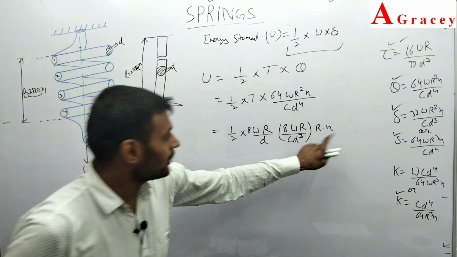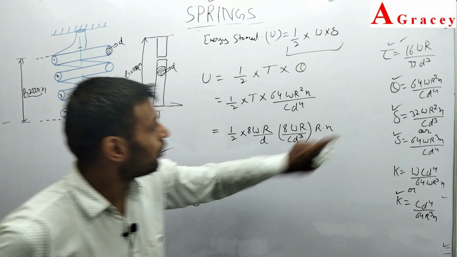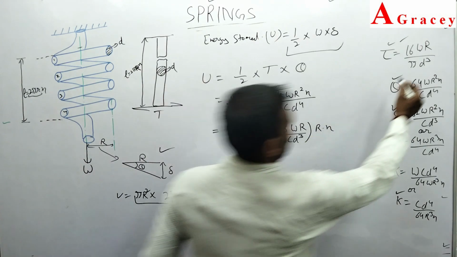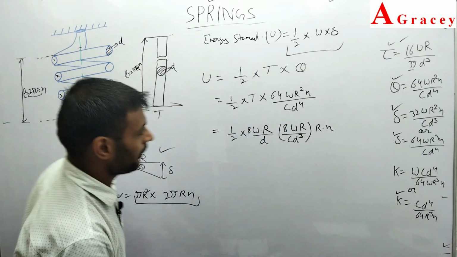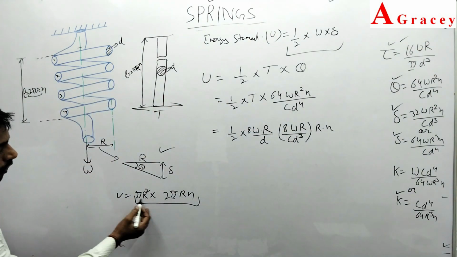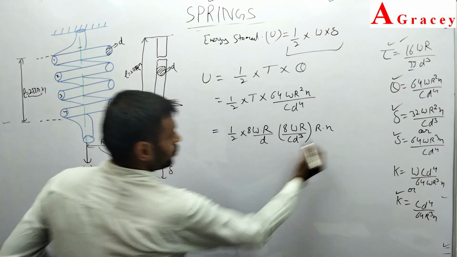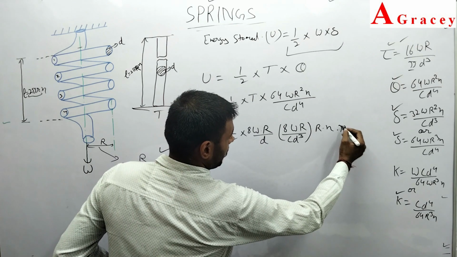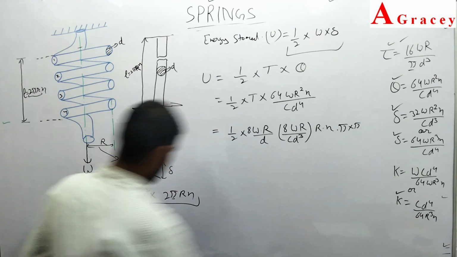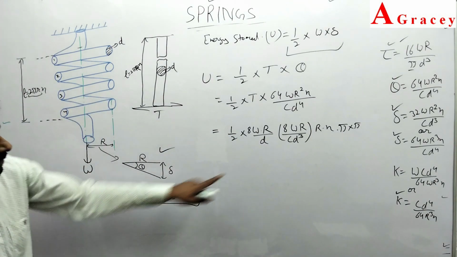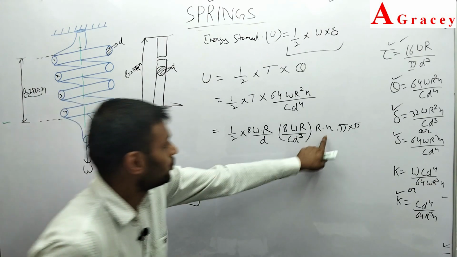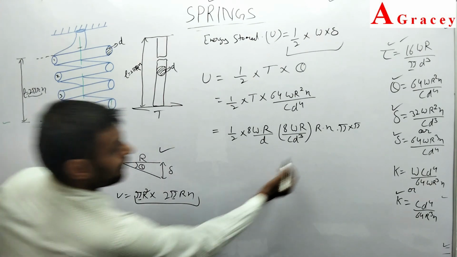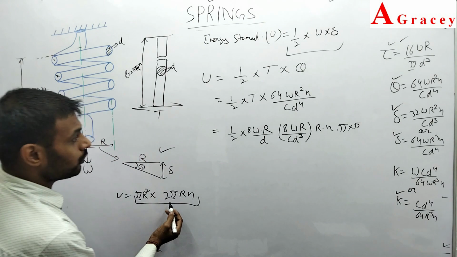So your r is already there, n is already there, and you need a pi here. So it means 2 pi is already available in your volume. So I am taking pi into pi here, and r is already there and n is also there. So it means pi r n, and 2 is required.